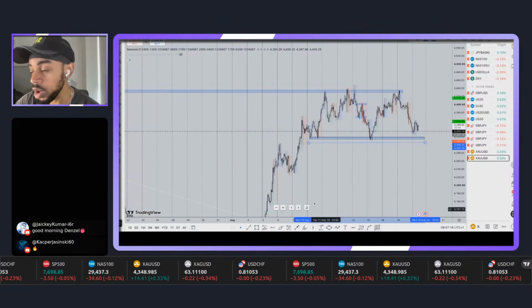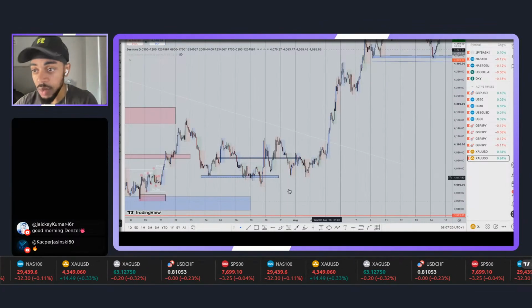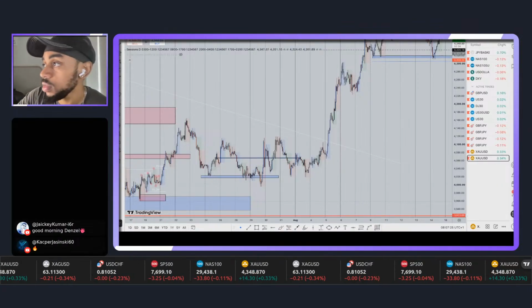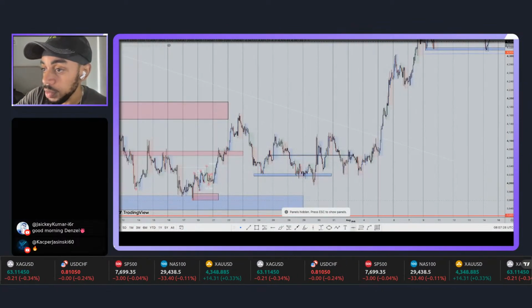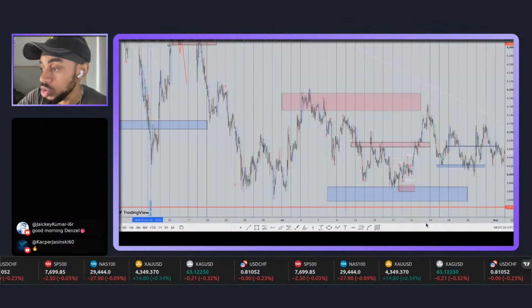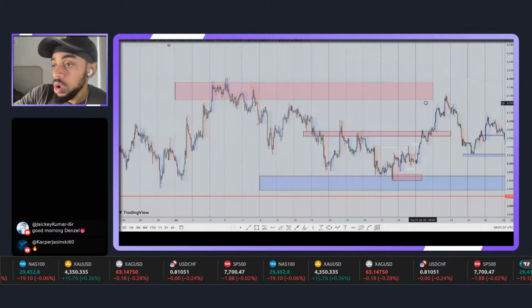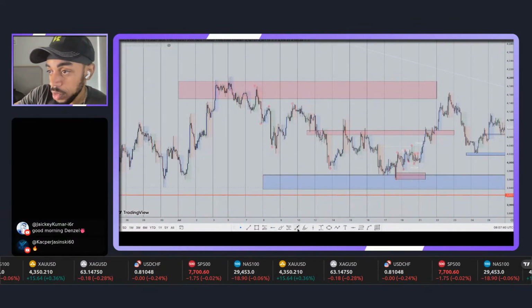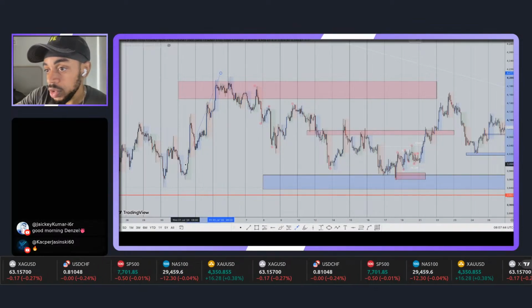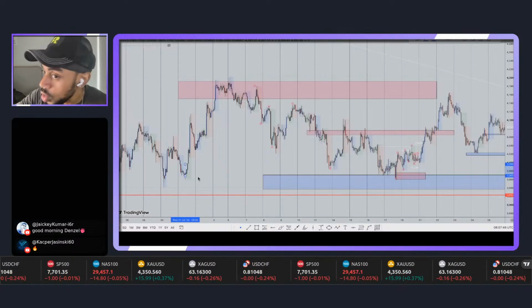Price will move in a downtrend, uptrend, or a sideways pattern. Let me give you some free knowledge here. Price will move in three directions only.